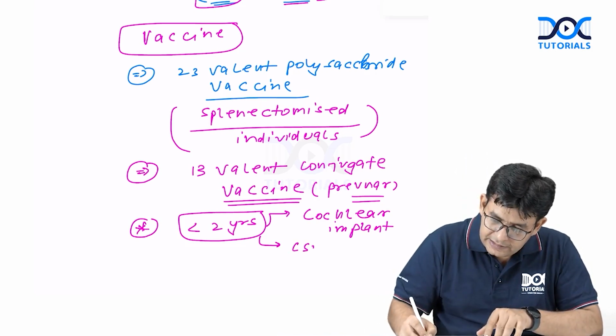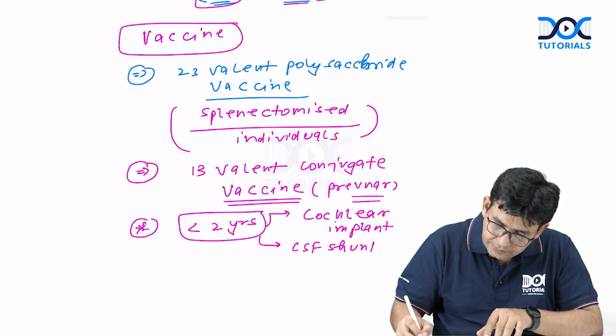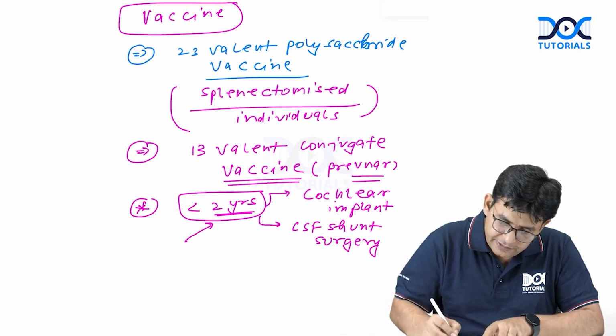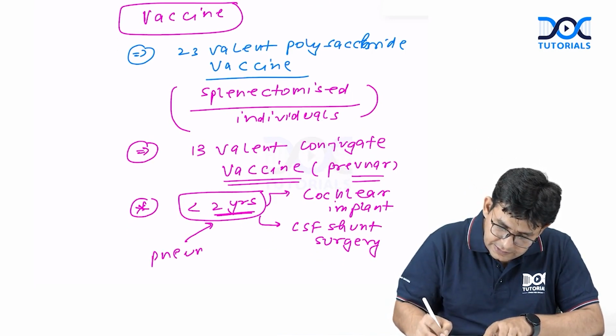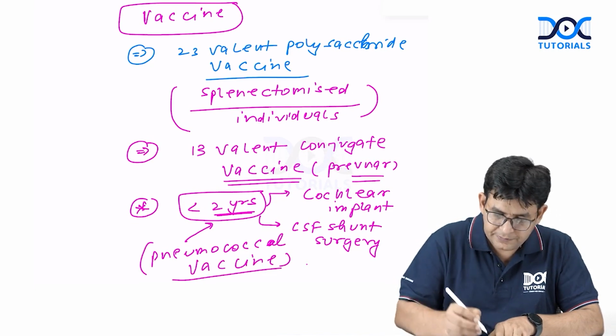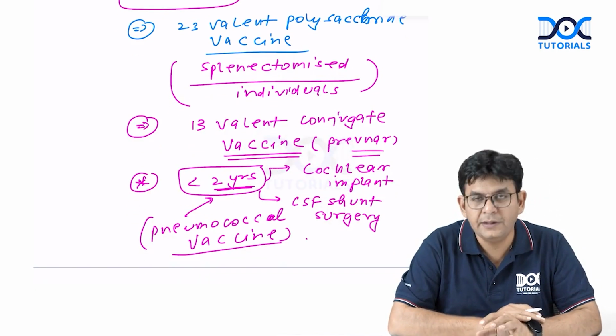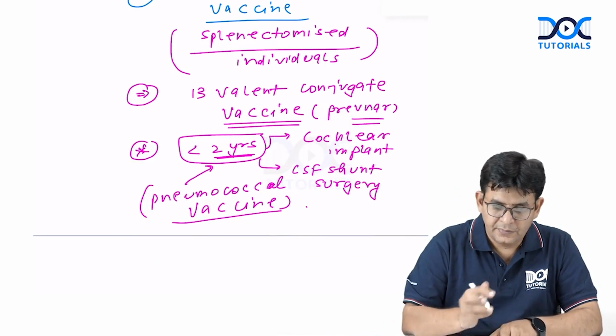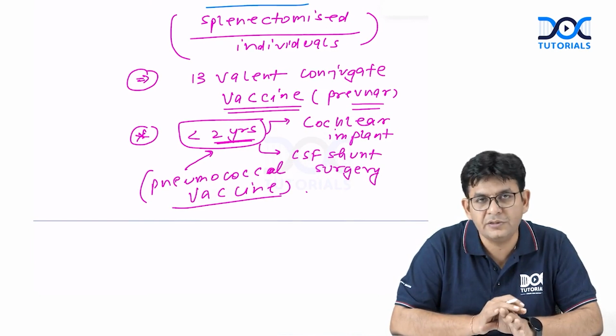For CSF shunt surgeries for hydrocephalus, you need to give the pneumococcal vaccine before the surgery. Okay, before the surgery, they definitely need the pneumococcal vaccine. Is it fine? So that also needs to be remembered.